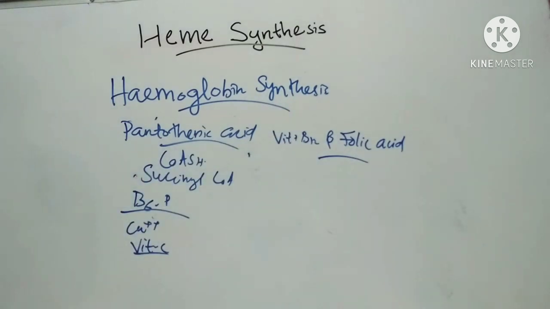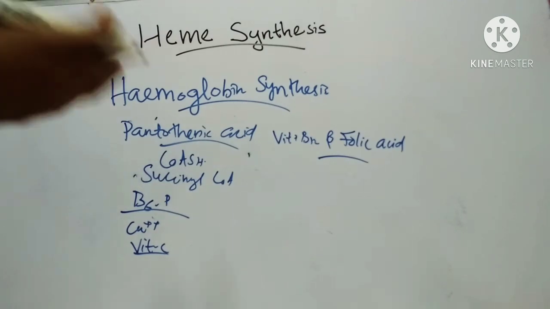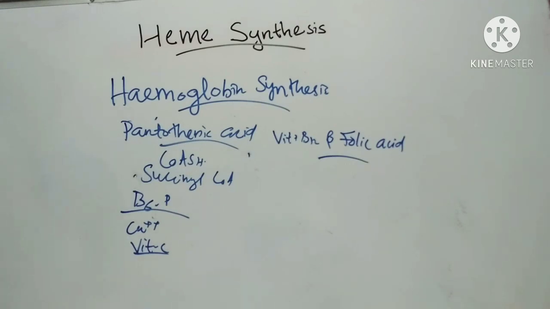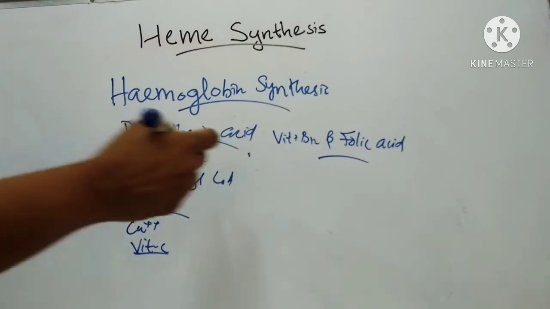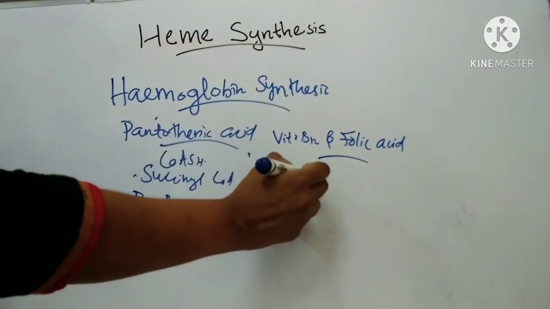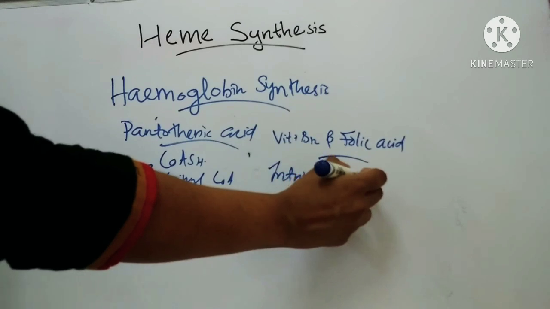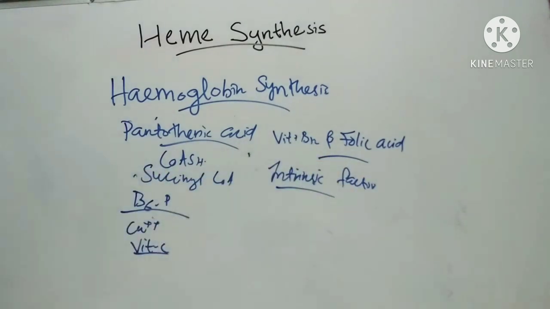These are required indirectly for the rapid rate of cell growth and division occurring during erythropoiesis, which results in a rapid rate of nucleic acid synthesis requiring B12 and folic acid. This is to ensure an adequate supply of formate for purine synthesis. Then next one is intrinsic factor, which is required for vitamin B12 absorption.